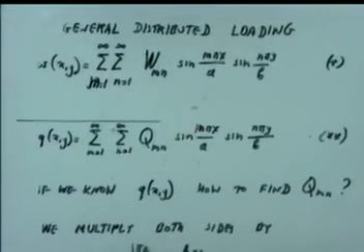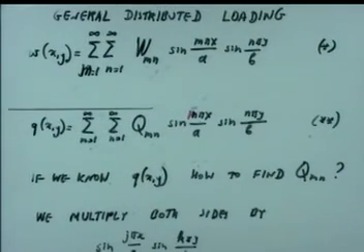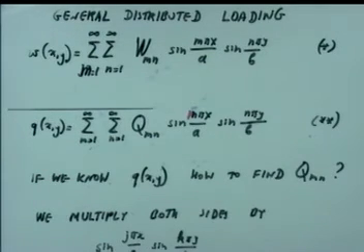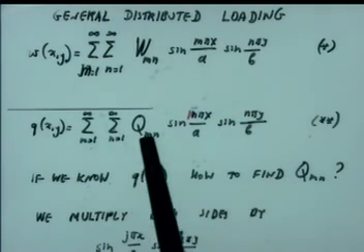Now let us represent Q in analogous form. Do you remember we had this function Q? Any function Q can also be represented as double series in terms of sine m pi x over a and sine n pi y over b. And here the coefficient is Q sub mn.